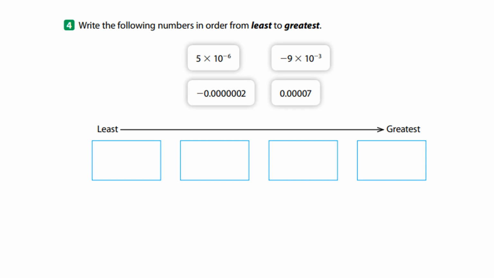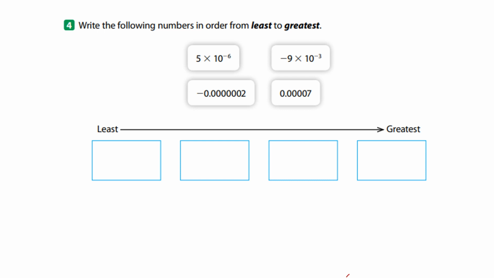Number 4, write the following numbers in order from least to greatest. So you can choose if you would rather work with your numbers in standard form, in which case you're going to rewrite the top 2 numbers in standard form. Or you can make all of your numbers into scientific notation, in which case you're going to rewrite the bottom 2 numbers in scientific notation.